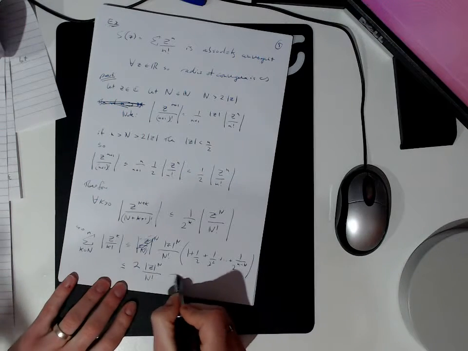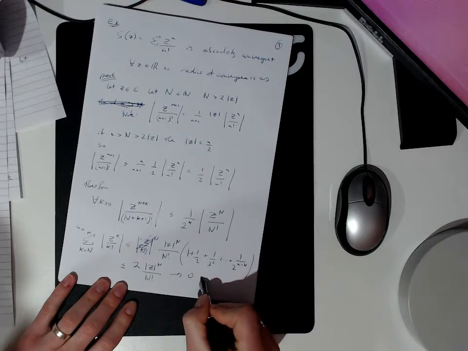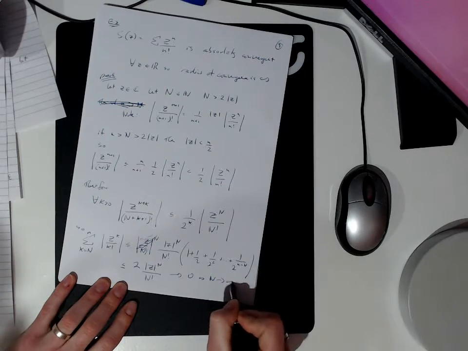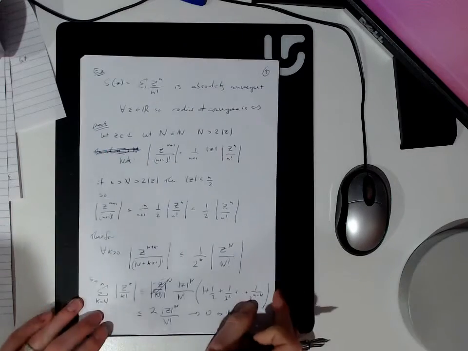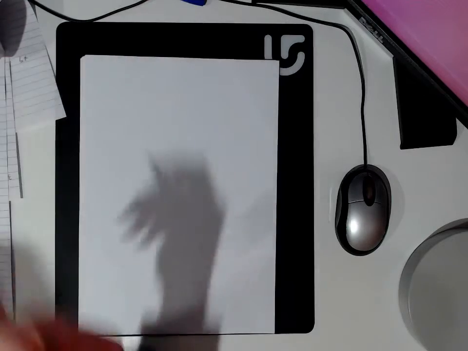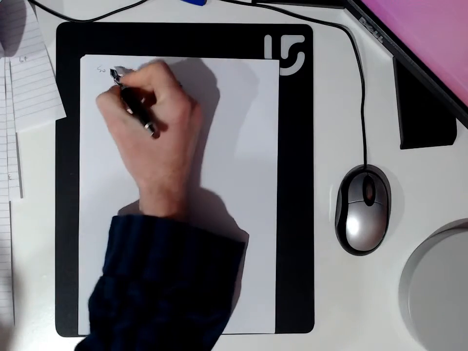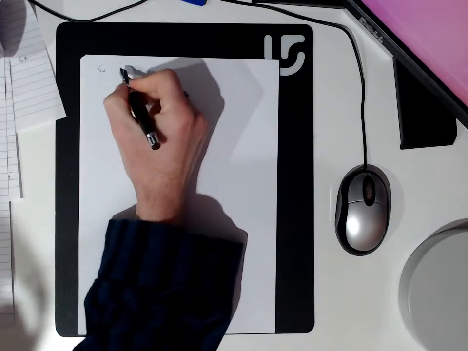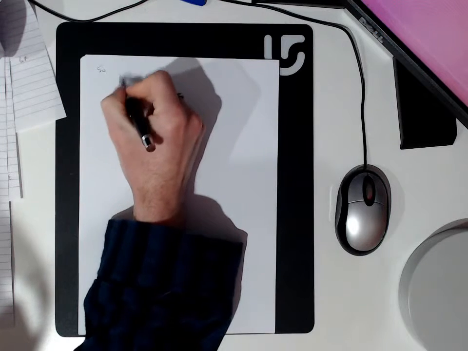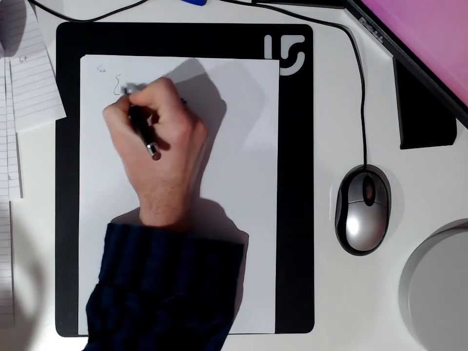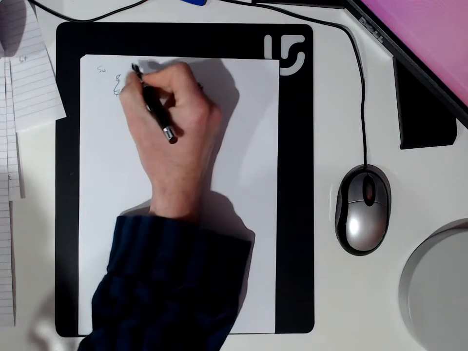This term goes to 0 as n goes to infinity, and that implies that the sequence of terms, the sequence of partial sums, is Cauchy.